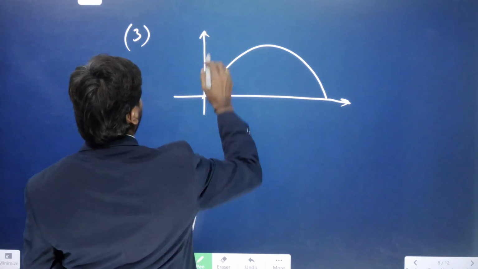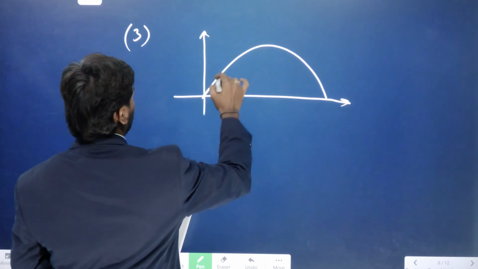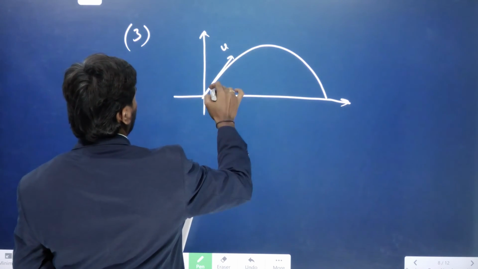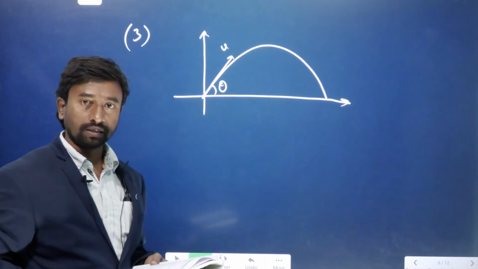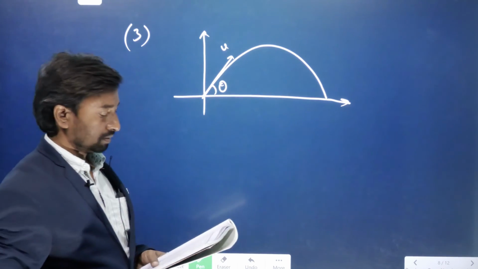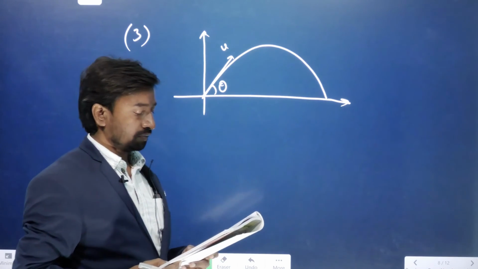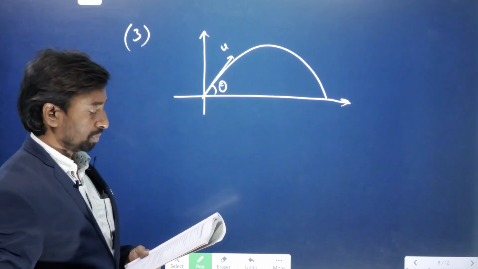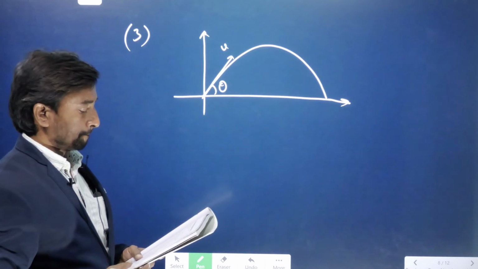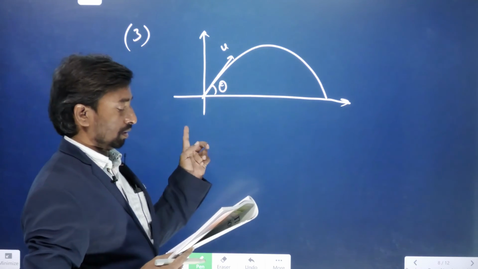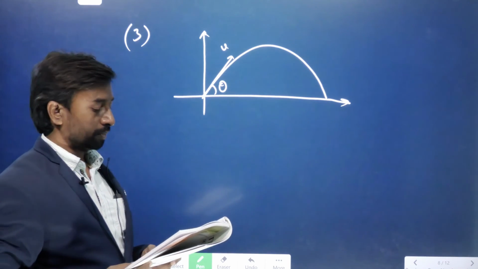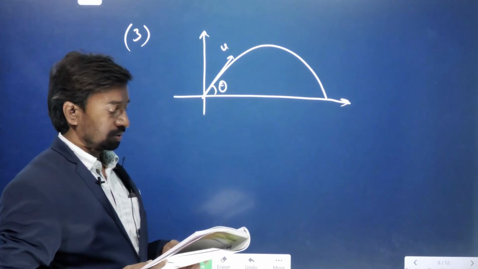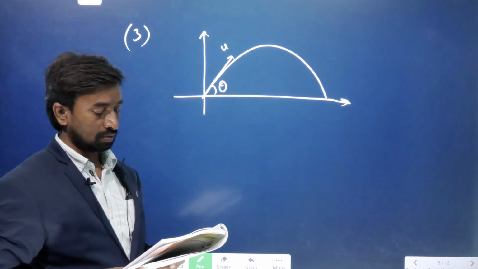It will be with a certain velocity u, and it will make a certain angle theta. The options are: the path of center of mass is a parabola, the path of center of mass is complex, the path of the center of mass is a straight line.